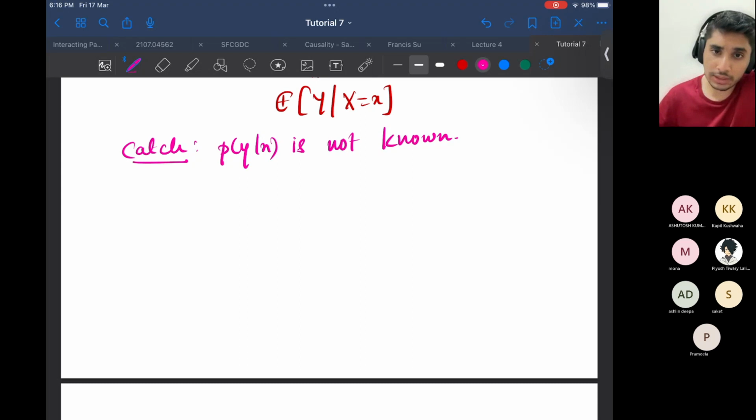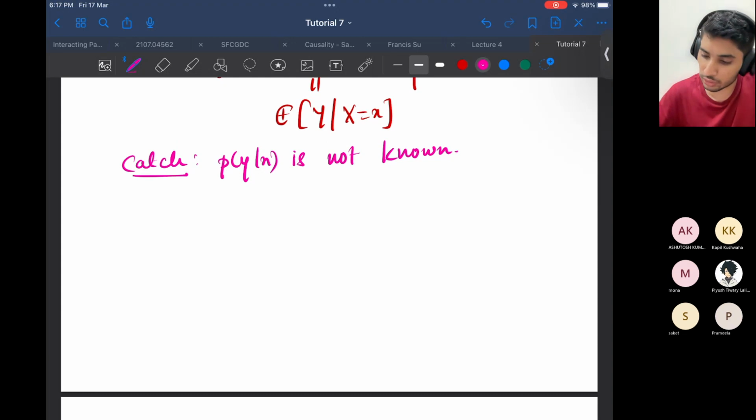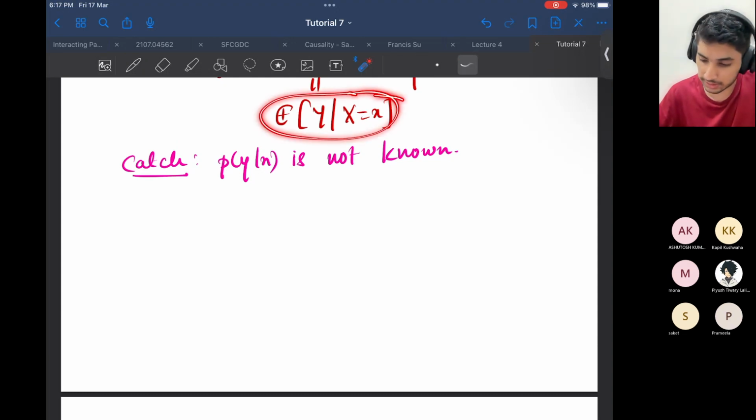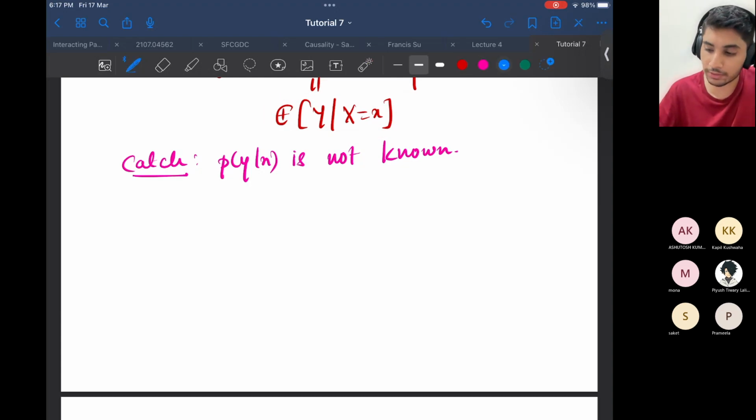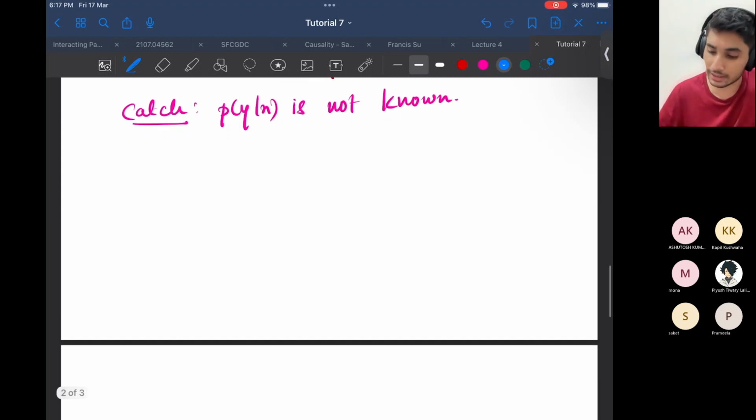So how does one quantify that a model g of x is close to this optimal model? How would someone know that? Let me write it down.